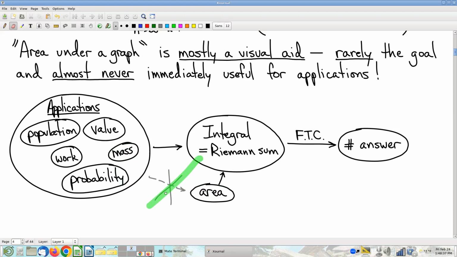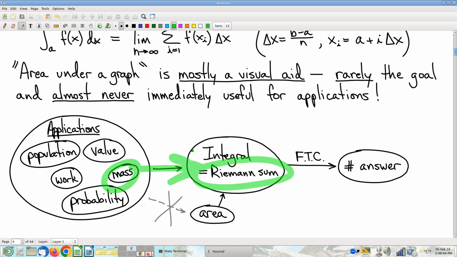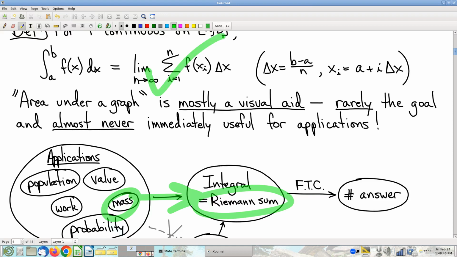There is, however, an immediate connection that you can make between mass and a Riemann sum, because as this formula directly says, you chop it up into little pieces. On each little piece, mass per unit length times length gives you little pieces of mass. And if you add up all the little pieces of mass, you get the whole as the sum of the parts.